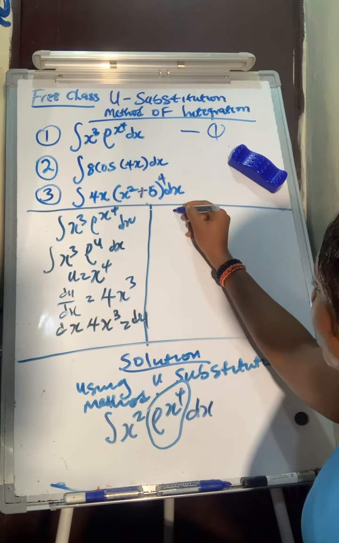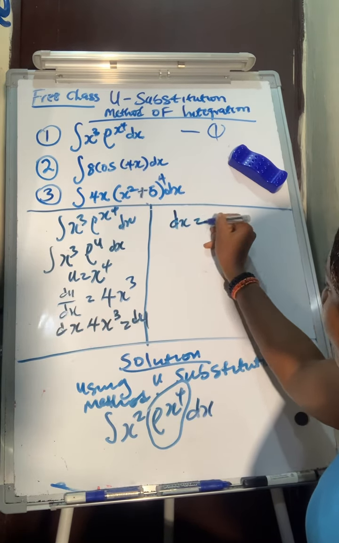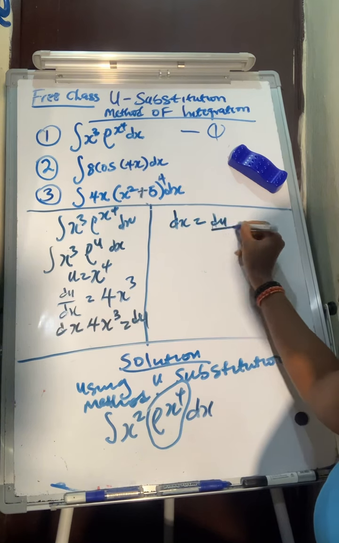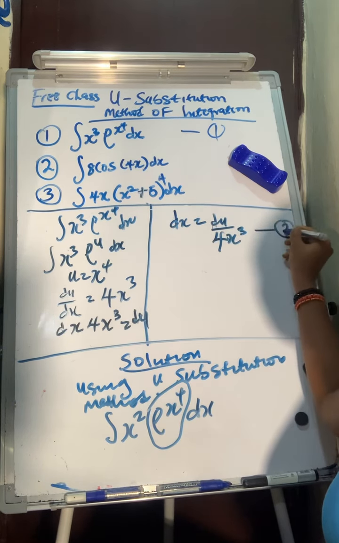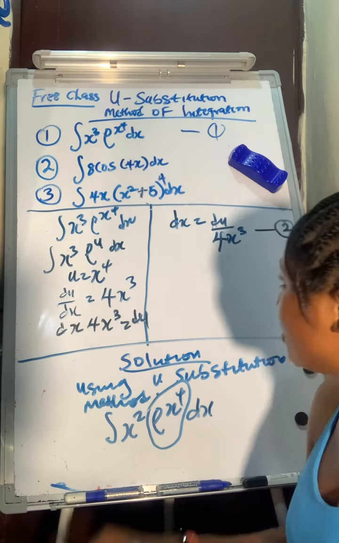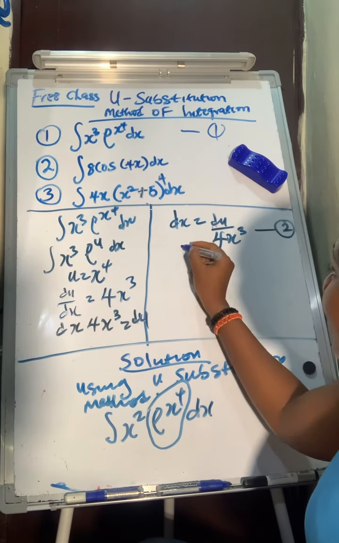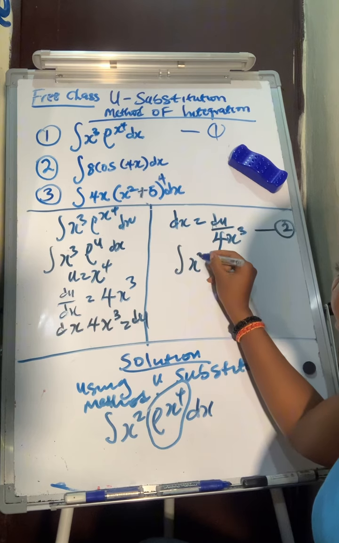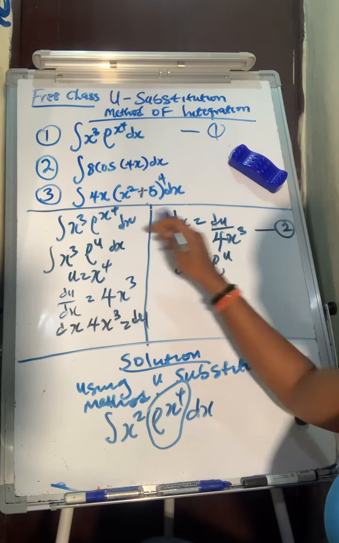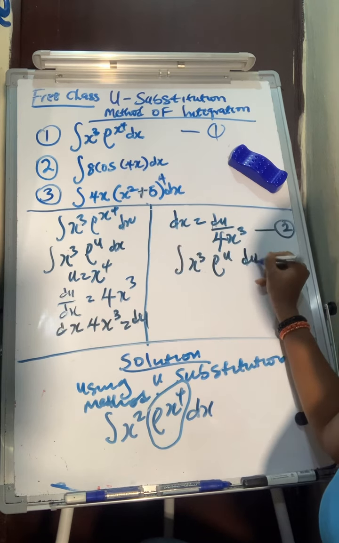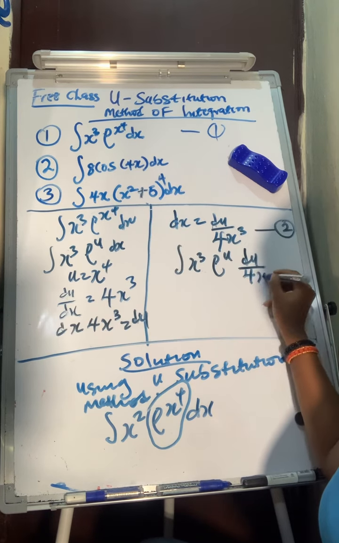Now dx becomes du over 4x to the power 3, equation 2. We've gotten what we need. So taking it back to this equation, we have the integral of x to the power 3 exponential u. Remember, we substitute u. Where there is dx, we substitute du over 4x to the power 3.